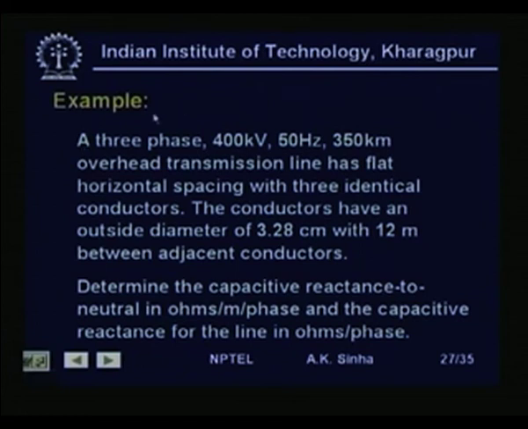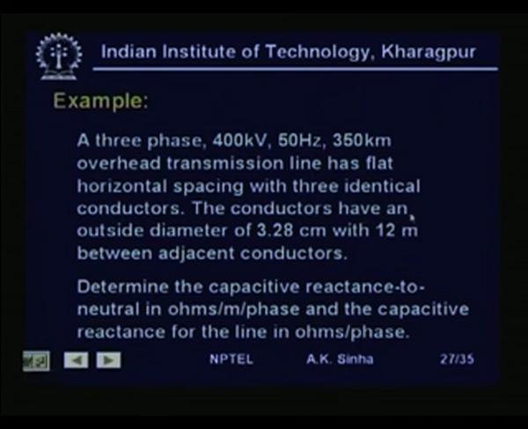So, in this example we have a 3-phase 400 kV 50 hertz 350 kilometer overhead transmission line that has a flat horizontal spacing with 3 identical conductors. That is, we have 3 identical conductors placed in a flat horizontal spacing.